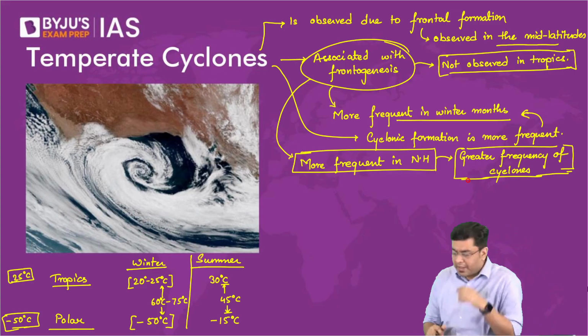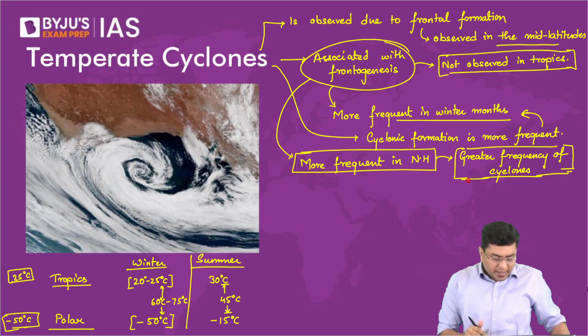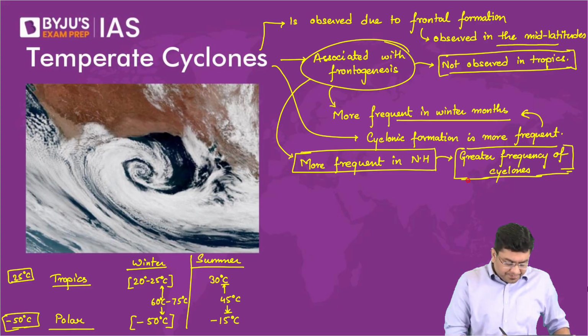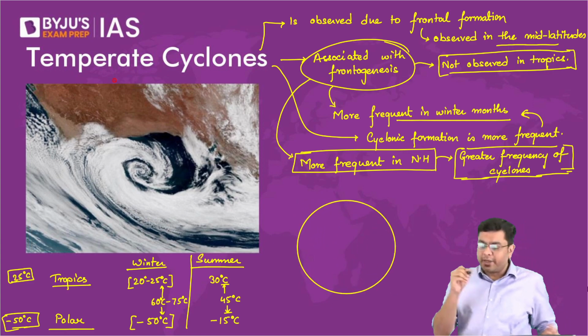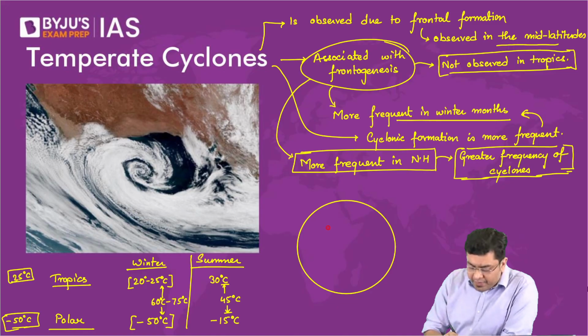Good. Now, again, understand another aspect. Let's suppose I consider the planet here. Now, suppose this cyclonic circulation of the wind happens in the mid latitudes.